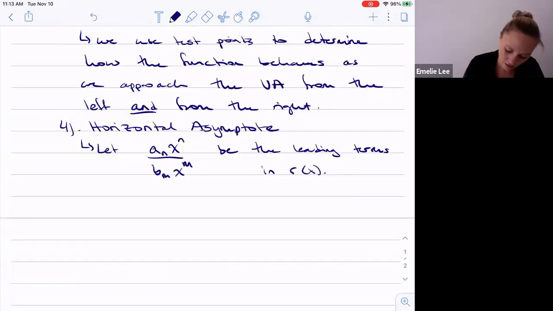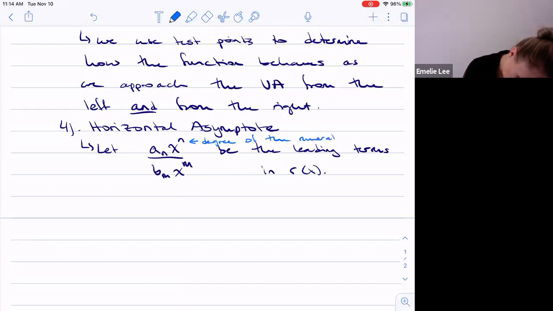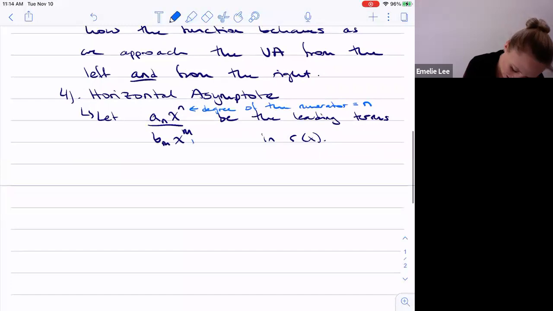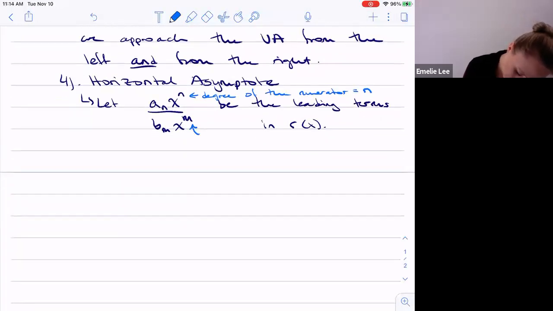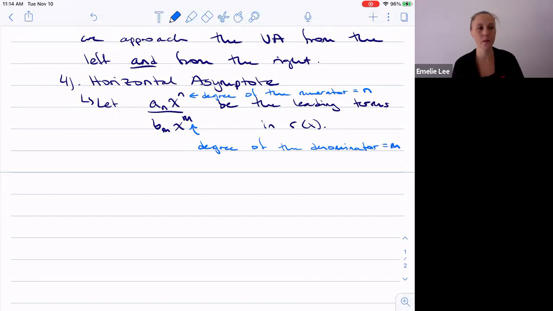So the degree of the numerator is called n. M is the degree of the denominator. Notice that the leading coefficient of the numerator and the leading coefficient of the denominator are a over b, essentially.